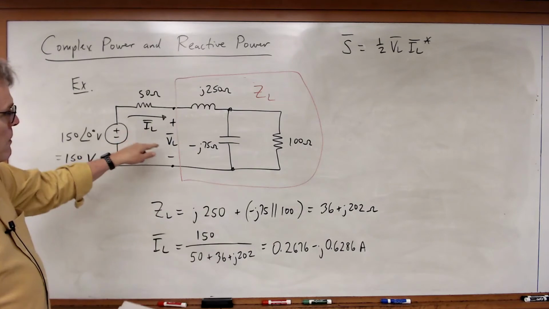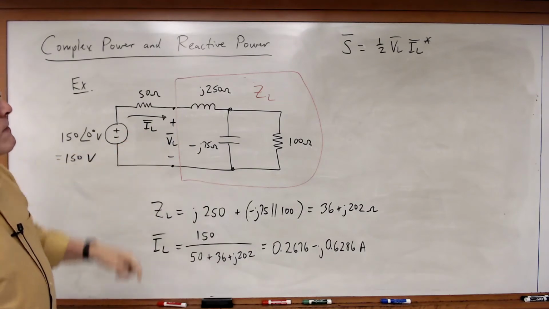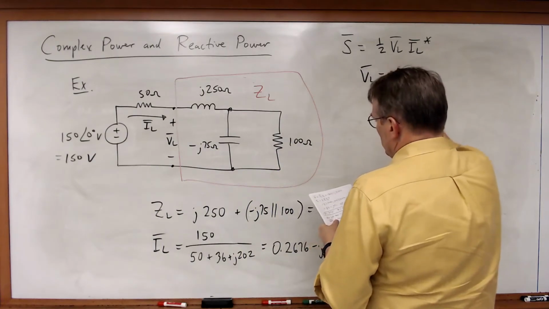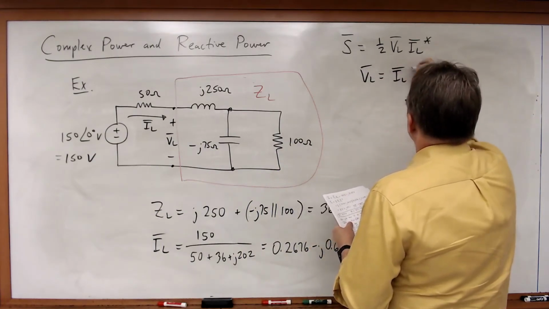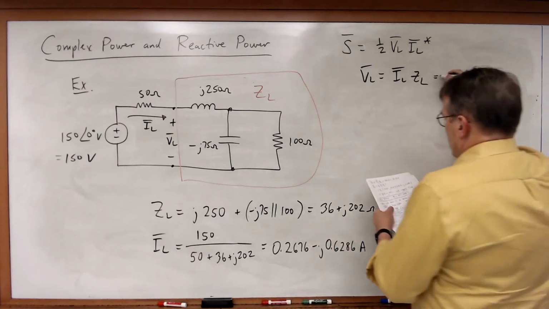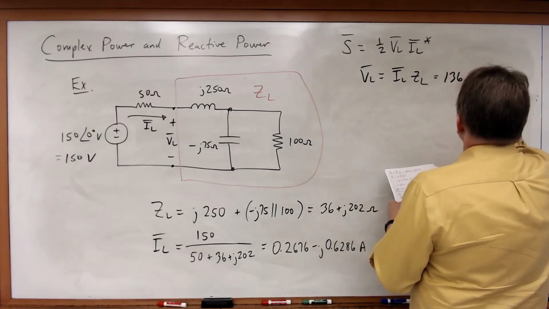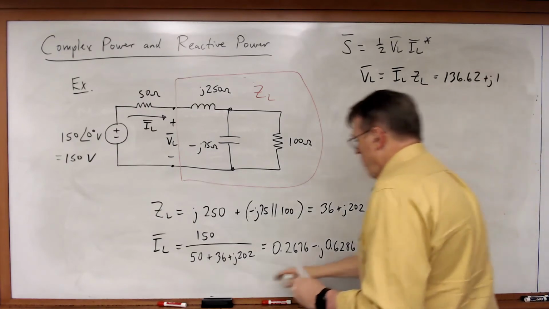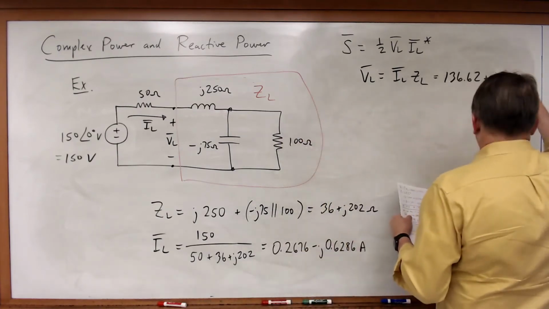So I need both the voltage and the current. What's VL? VL is equal to IL times ZL. We've calculated both of those. And that will be equal to 136.62 plus J 31.43 volts.